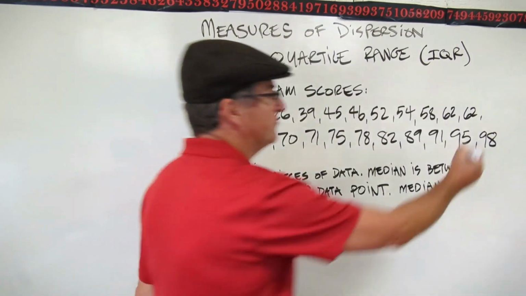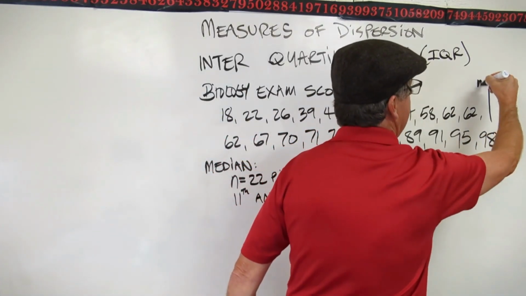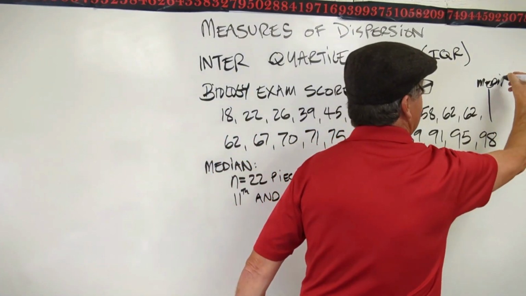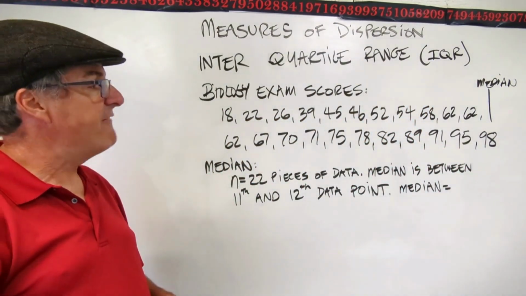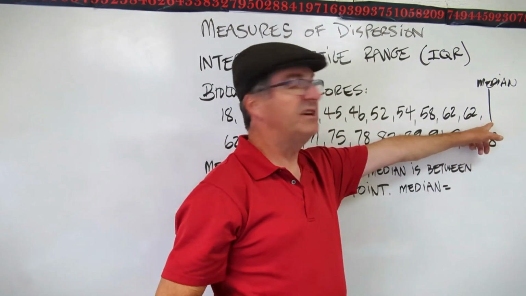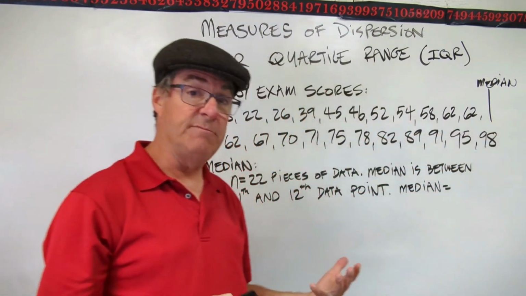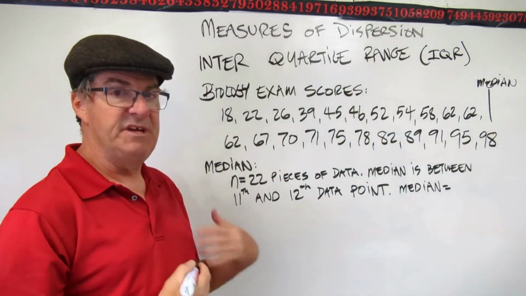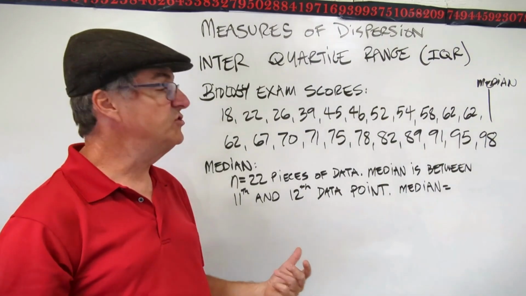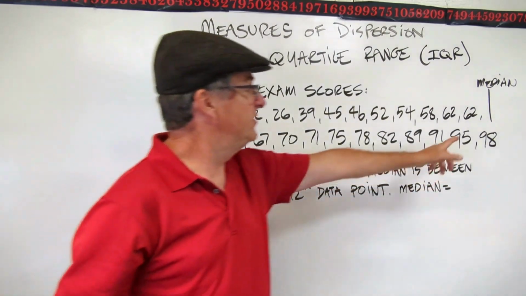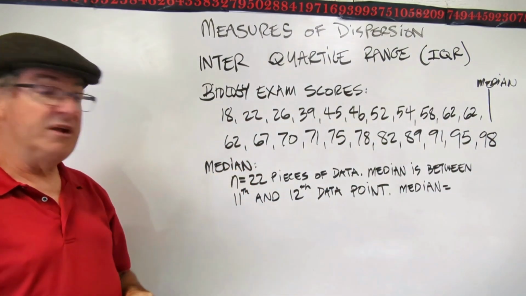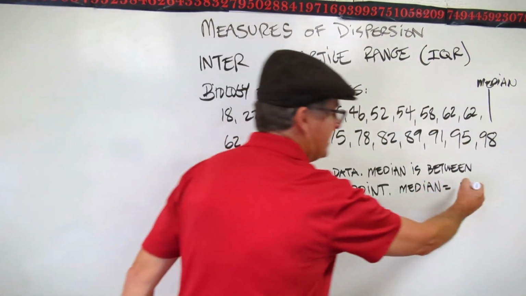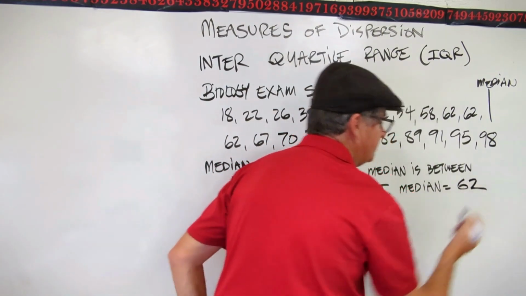So our median is right here. That's the median. And so what we do with that is we calculate the average of the terms adjacent, because I don't actually have a middle term. I have an even number of terms, so the median is going to occur between the 2 middle-ish terms. So it's going to be the average of 62 and 62. So we know here this data set has a median of 62.